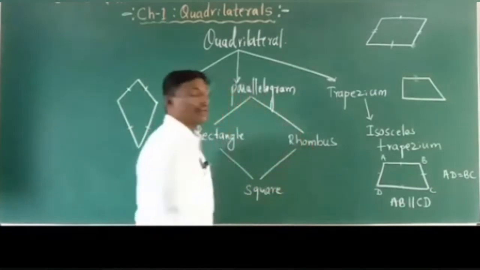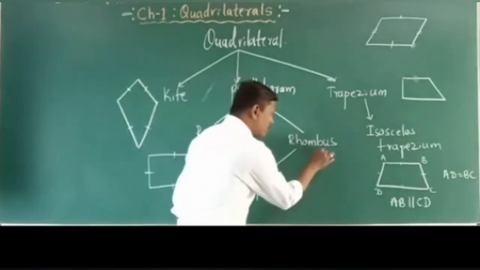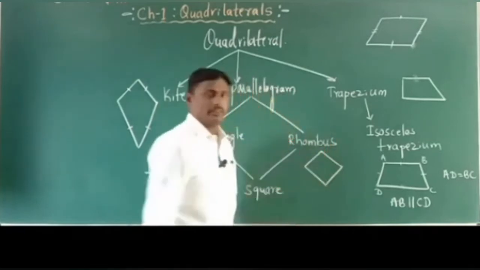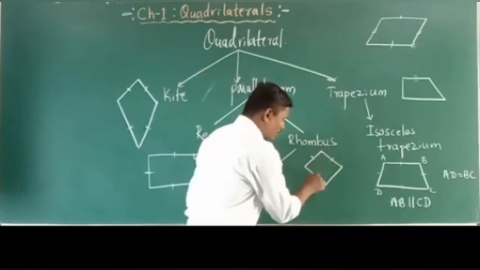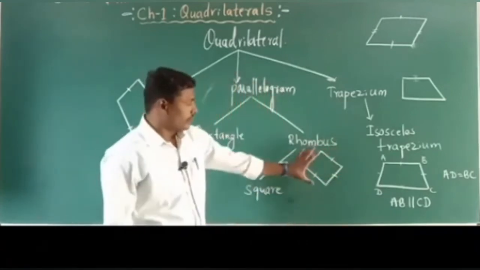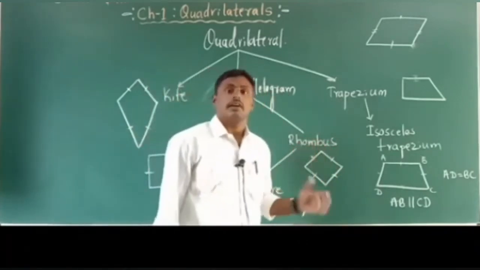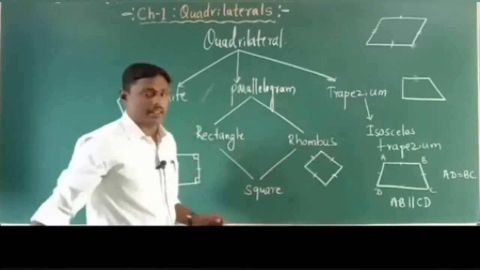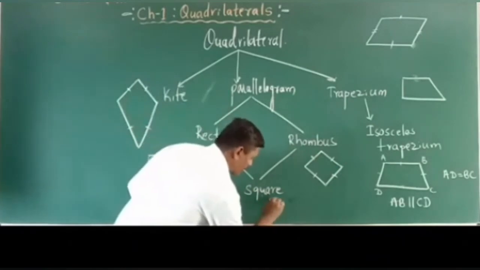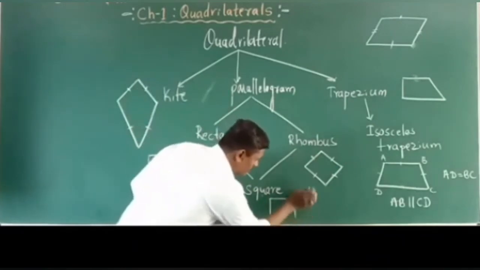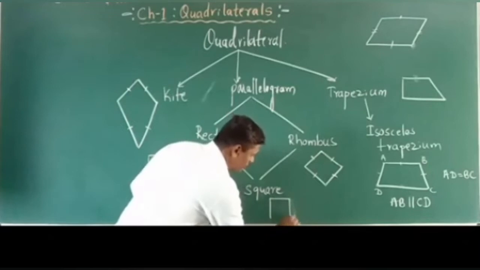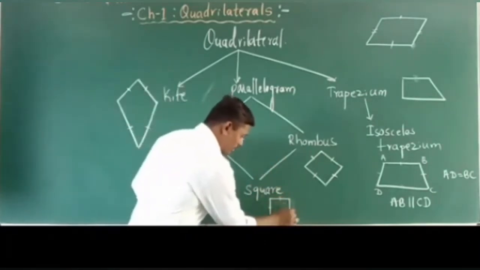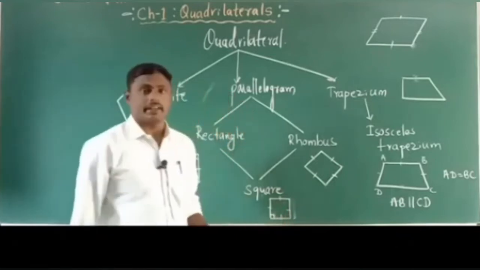Next, come to the rhombus. Rhombus is the quadrilateral in which all the four sides are equal. Okay. Next one, the last, that is square. We already learnt in the previous year. Square means a quadrilateral in which all four sides are equal and each angle measures 90 degrees.